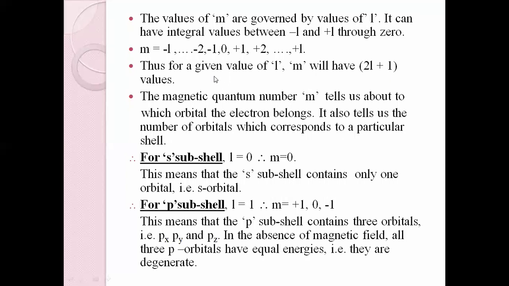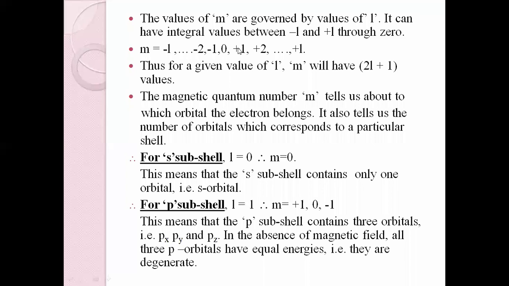I am going to pick those 3 values from these integral values of m, which range from negative to positive. How will I write those 3 values? I'll begin with the positive integer: plus 1, 0, minus 1. How am I going to represent these 3 values of m in the p subshell?